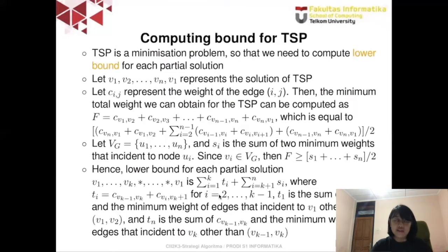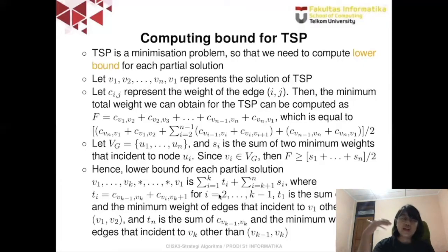So, like the other case study, other than knowing how to construct a state space tree in branch and bound, we also need to know how to compute a bound for a partial solution.